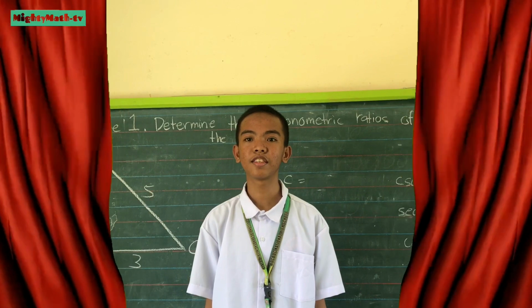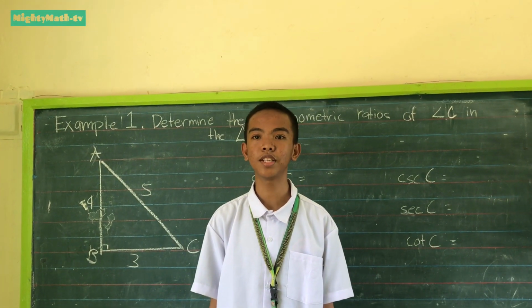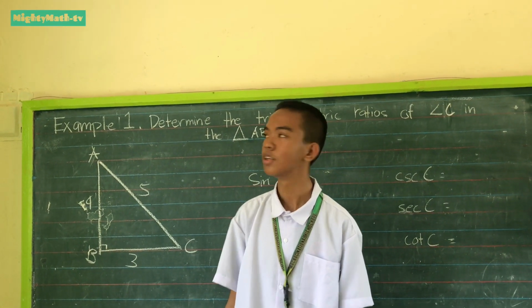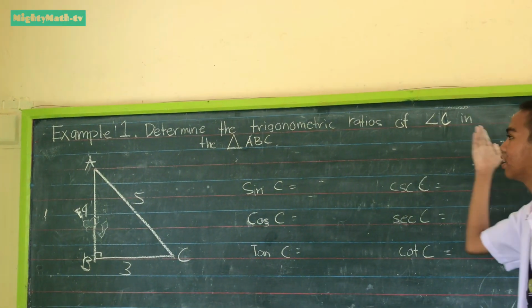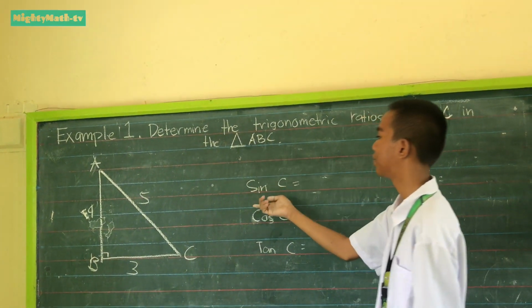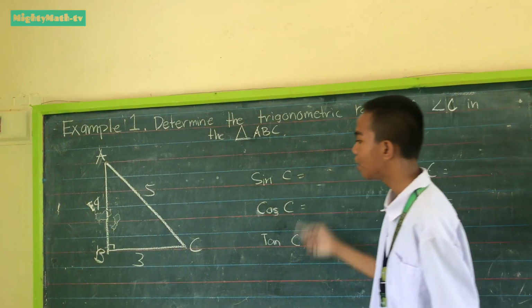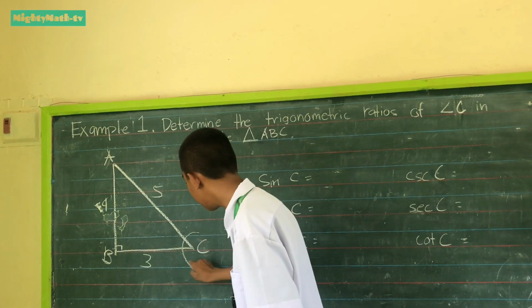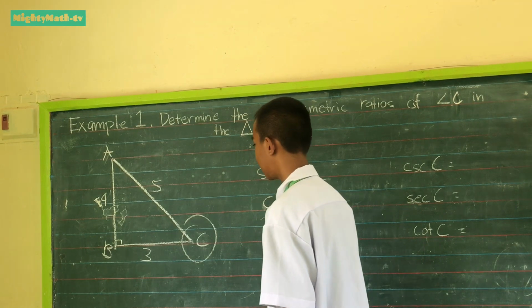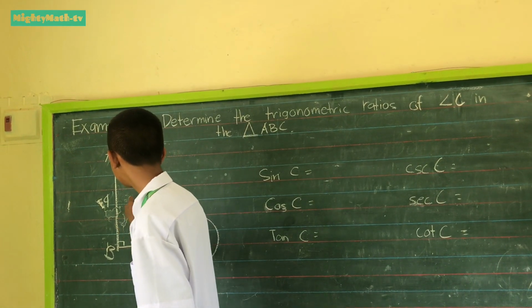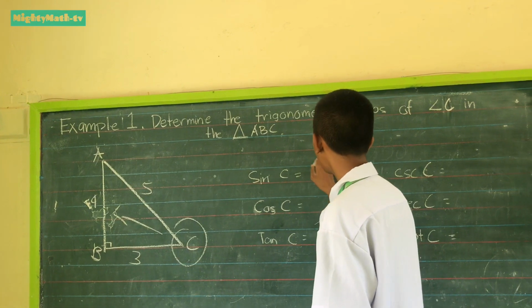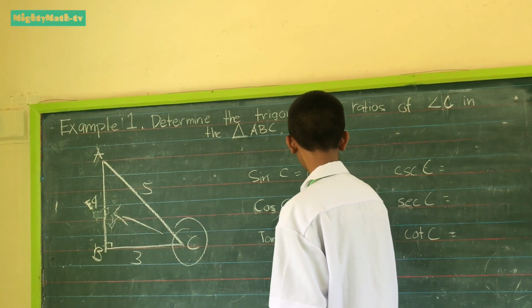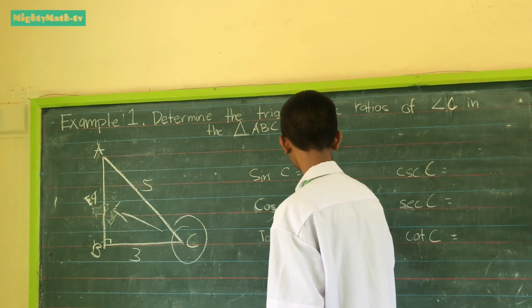Now, let's apply the things that we have learned in the discussion on the basic concept of trigonometric ratios. Example number 1. Determine the trigonometric ratios of angle C in triangle ABC. First, sine C. If we take a look at angle C, we would see that its opposite side is 4. We know that sine is opposite over hypotenuse.